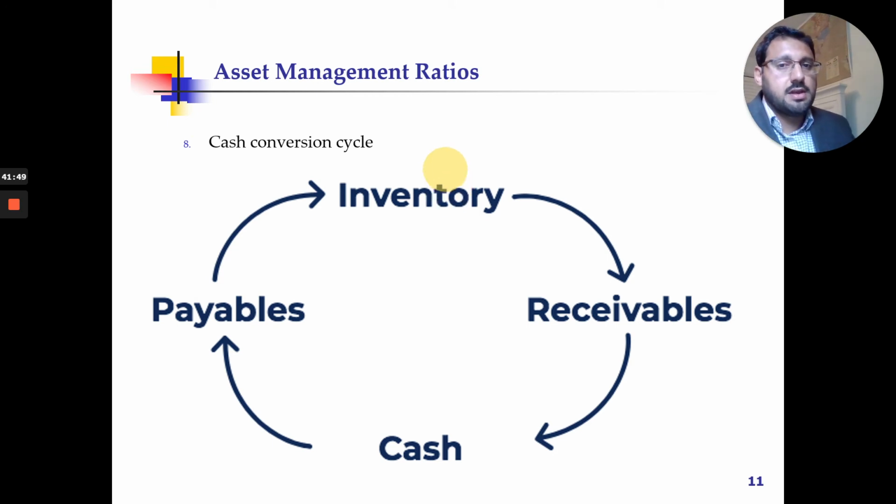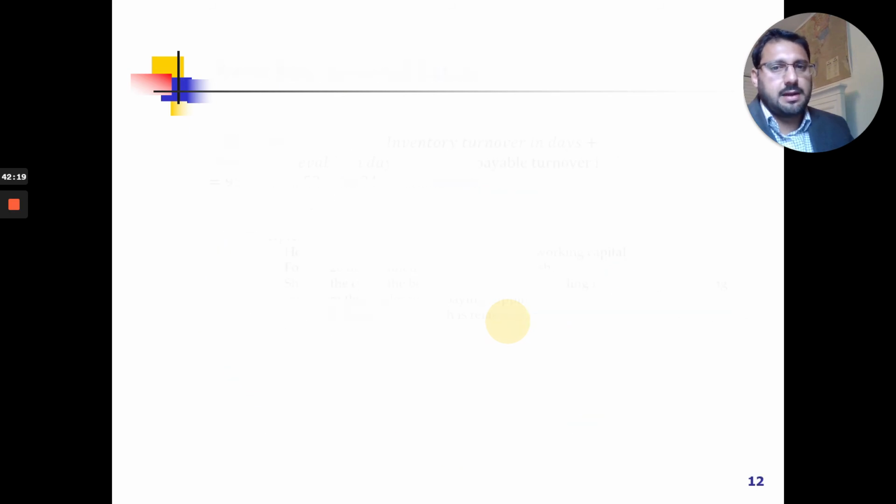Say 60 days it took you to sell that inventory and create the receivables, and then 20 more days it took you to collect the cash from your receivables. So there are a total of 80 days. But if there is a 30 days cushion, for example, given to you by the supplier, then you need to be worried about only those 50 days.